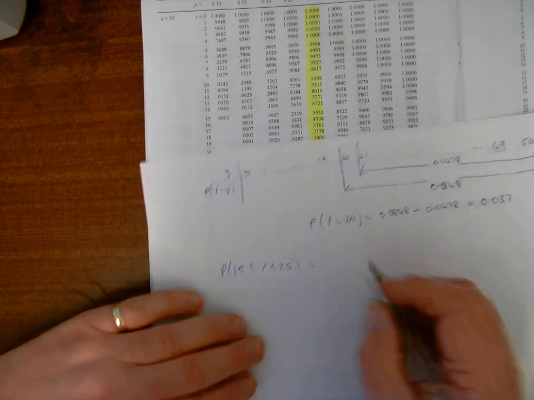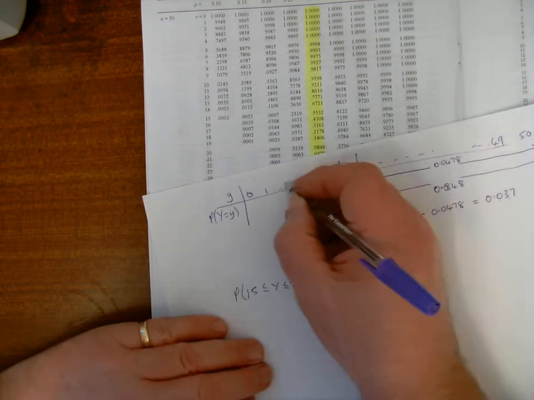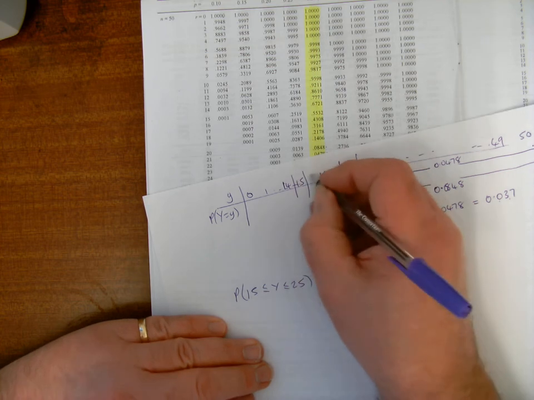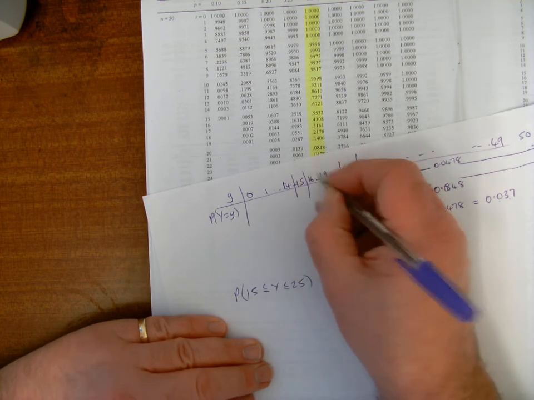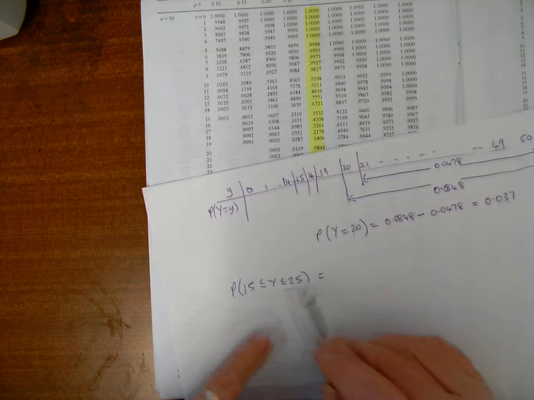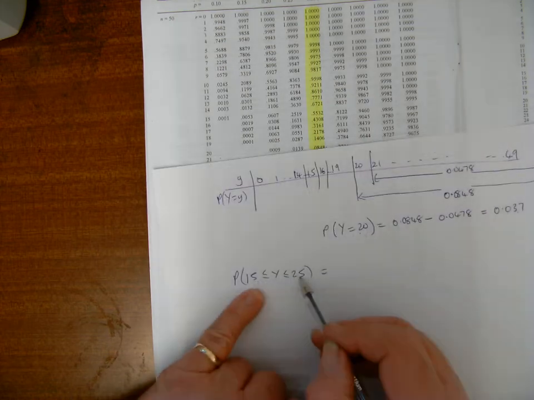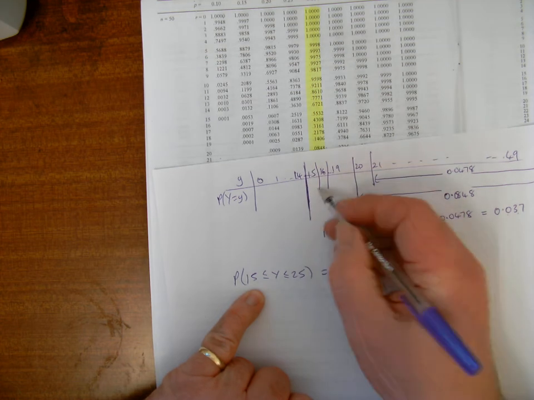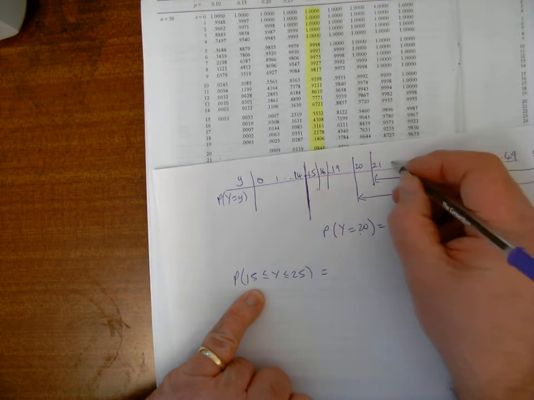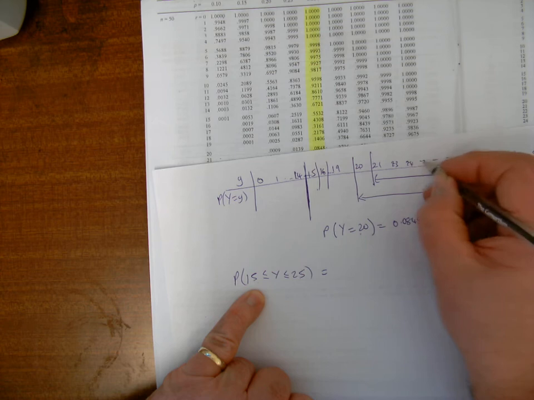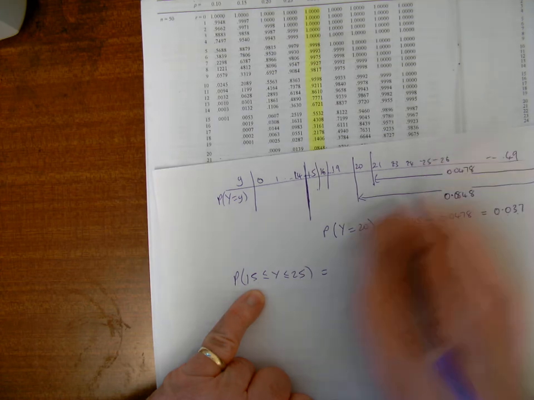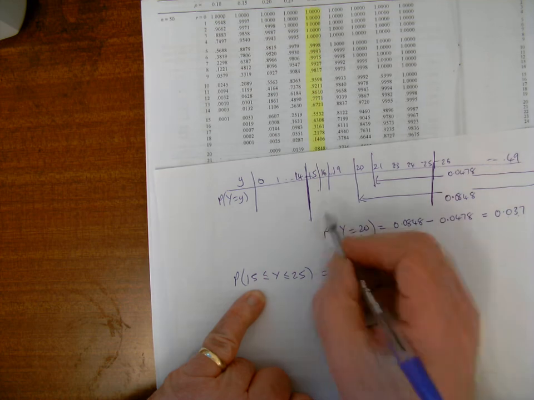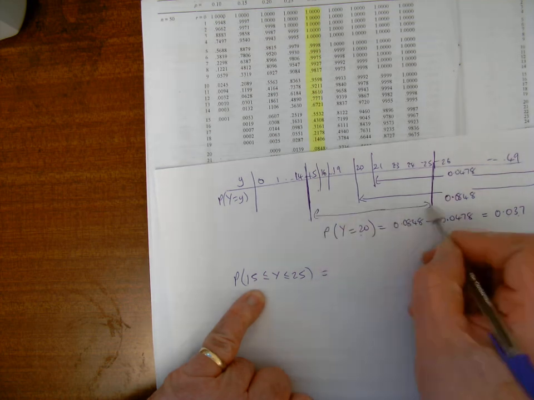So on this table, if I go 14, 15, 16, then to get between 15 and 25, I want to have 15, 23, 24, 25, 26, and I want to know what that adds up to.